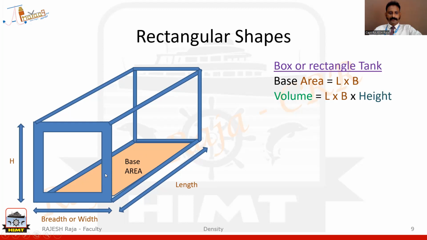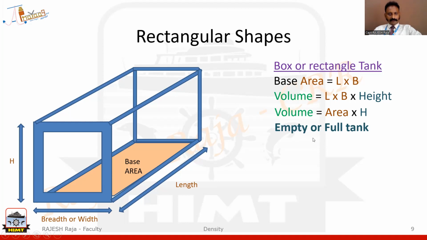It is shaded here. Base area can be calculated by length into breadth. But then what is volume? Nothing but length into breadth into height, which is also called volume equals base area into height. And this is valid for an empty tank or a full tank.